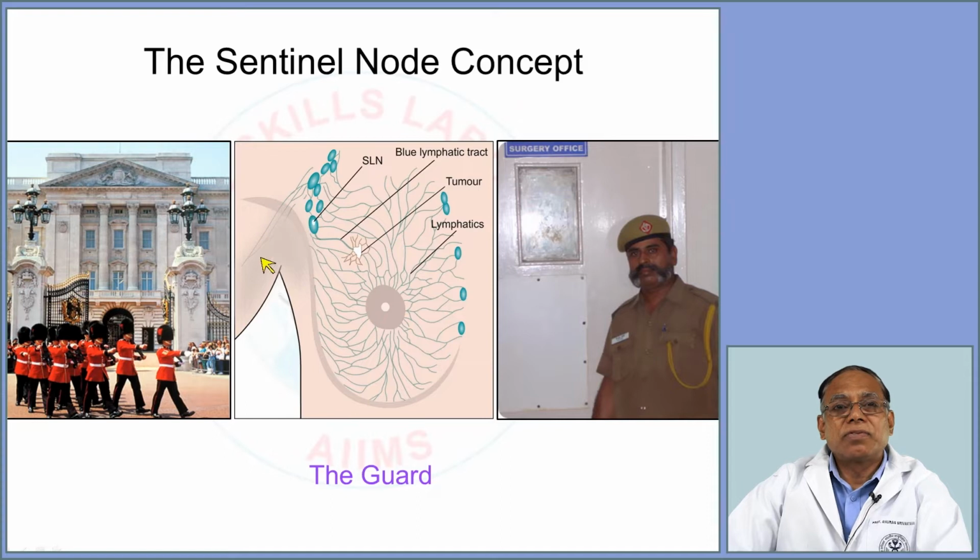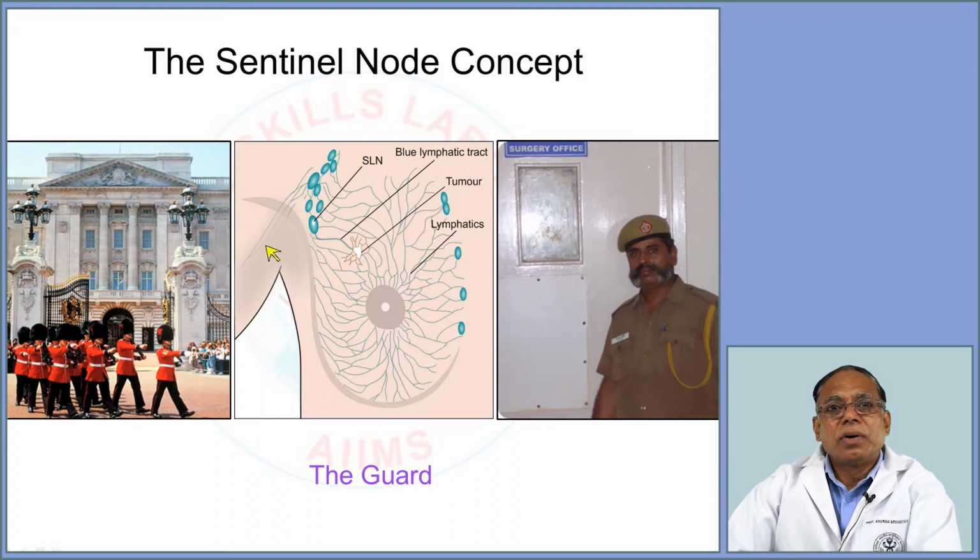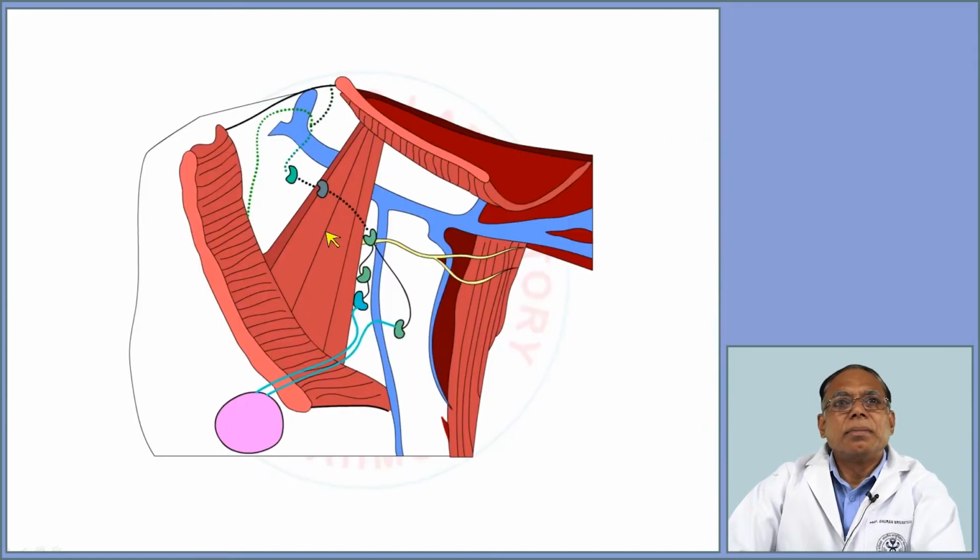The lymphatics from the upper arm and the lymphatics of the breast both share a common pathway in the form of these nodes. And if we remove these nodes unnecessarily, there will be a concomitant lymphedema. In order to avoid this, we have now embarked on the concept of sentinel lymph node biopsy. Sentinel means the guard.